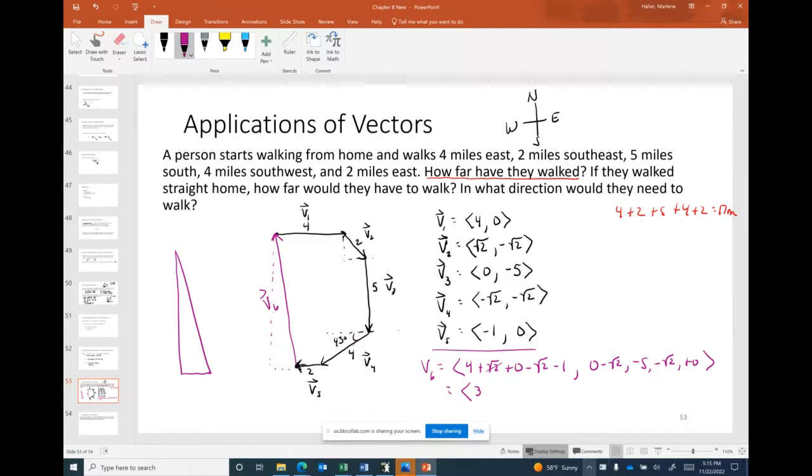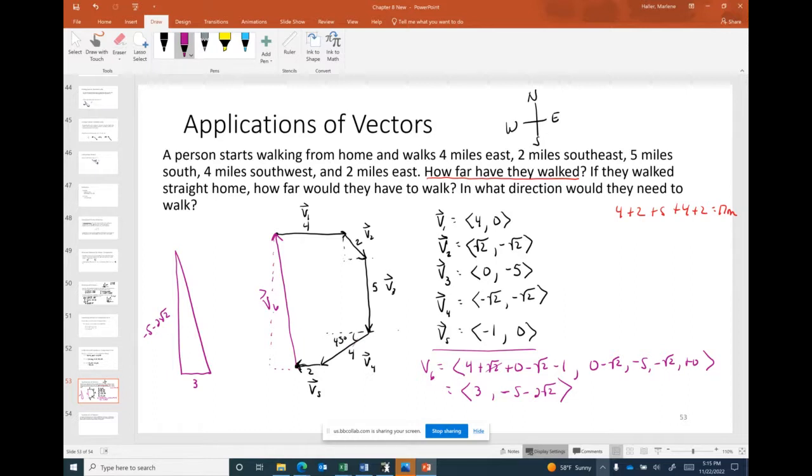And the vertical component then is going to be negative 5 minus 2 square roots of 2. So there we go. The horizontal component here would be 3. The vertical component is negative 5 minus 2 square roots of 2.